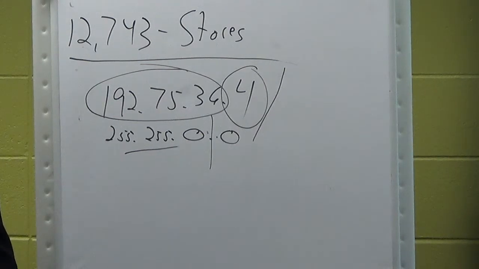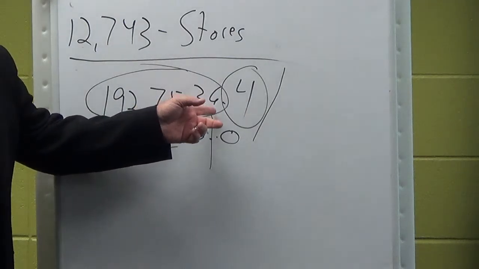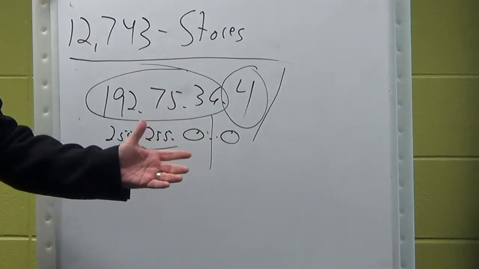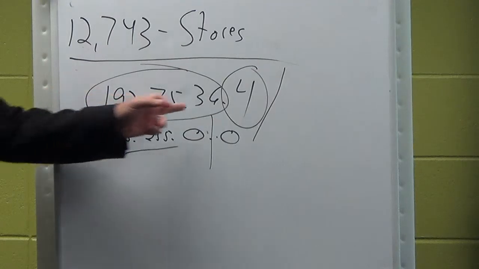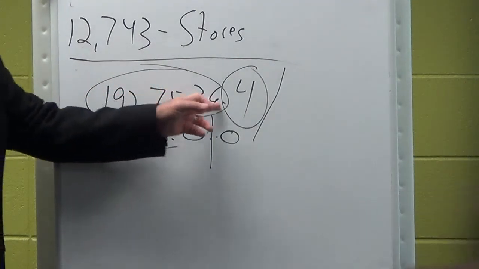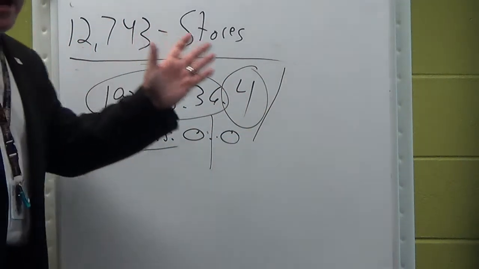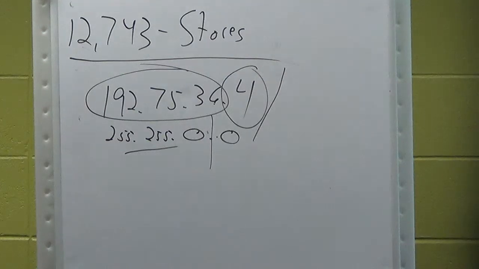Christopher, what's the answer? 192.75.0.0. Very good. The network address of this given IP address is 192.75.0.0, which means how many different hosts could I assign to this network?